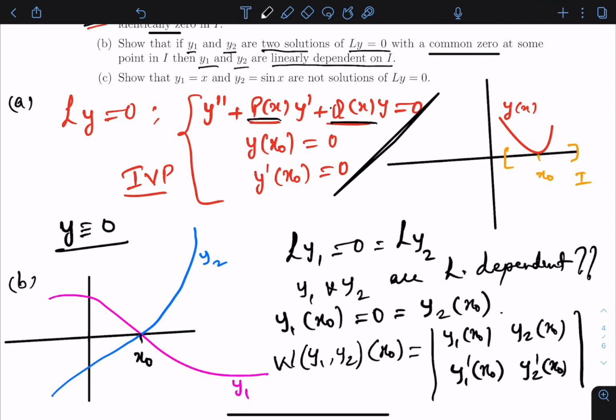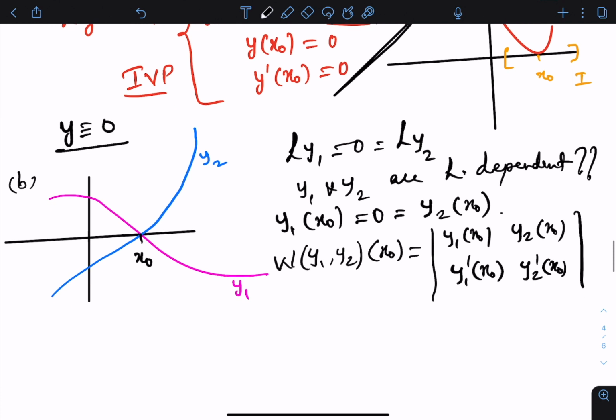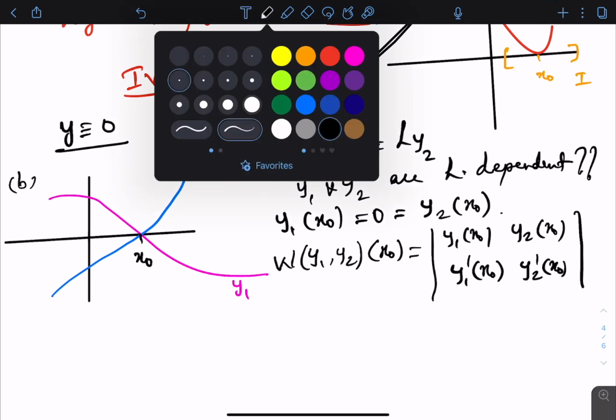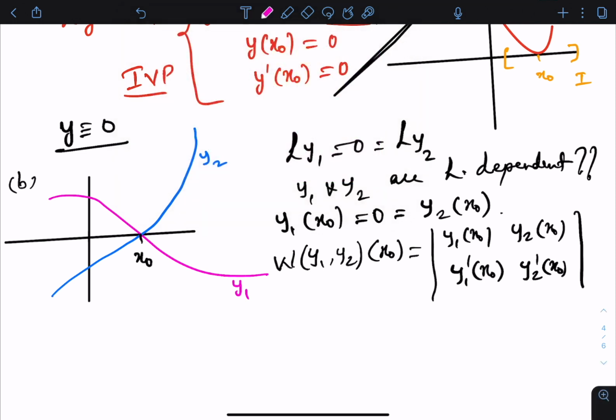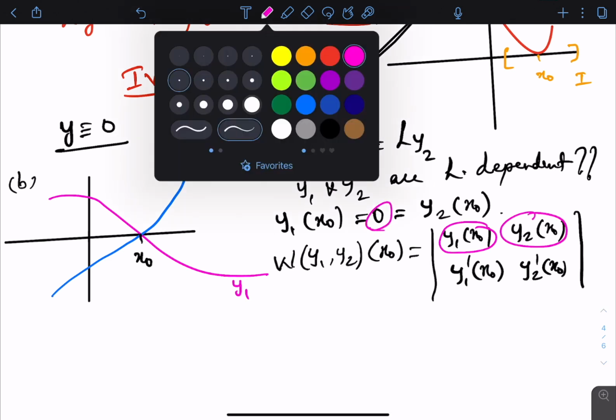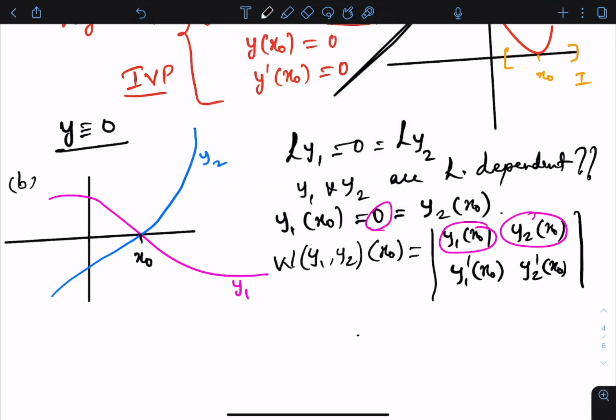Now we don't know what y1 prime, y2 prime are, but that doesn't matter at all, because this y1 and this y2 are 0, so this is equal to 0.